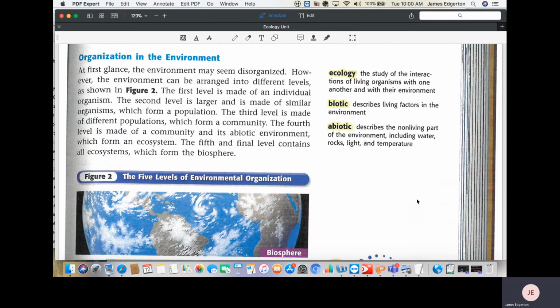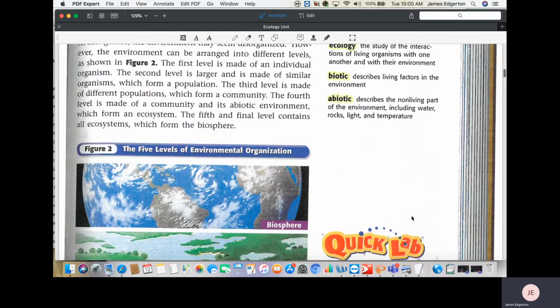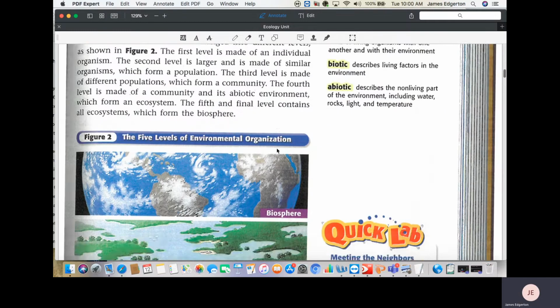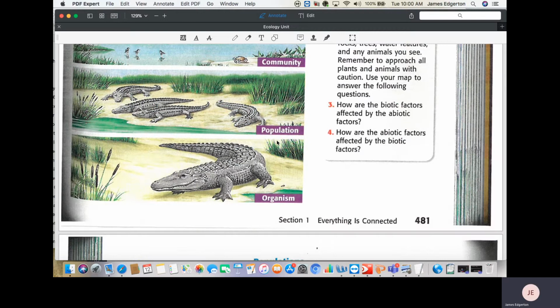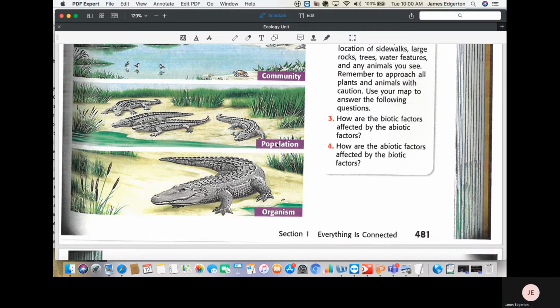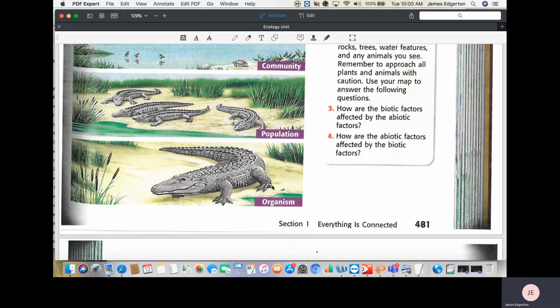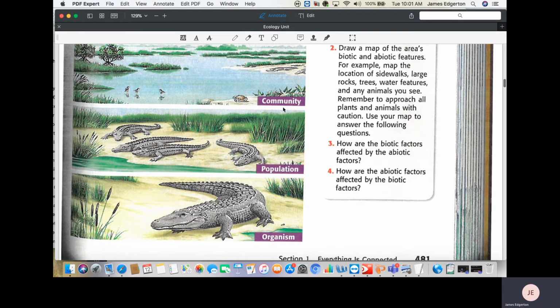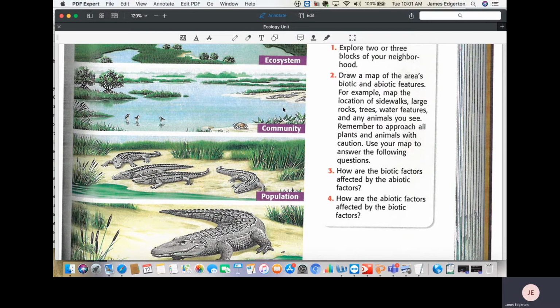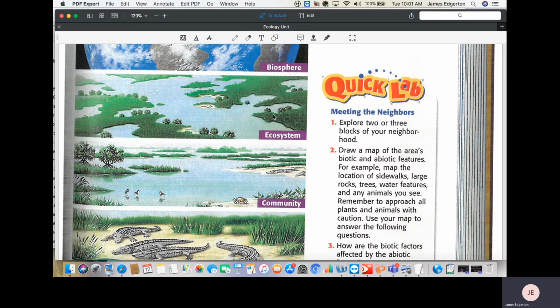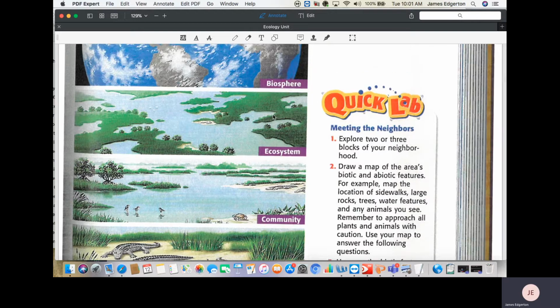Just looking through the different concepts mentioned in your textbook here, life can be organized from simple organisms to groups of those organisms, which is a population. Populations become a community. Then you have all that, the living, the plants, the water, the animals, which becomes the ecosystem.